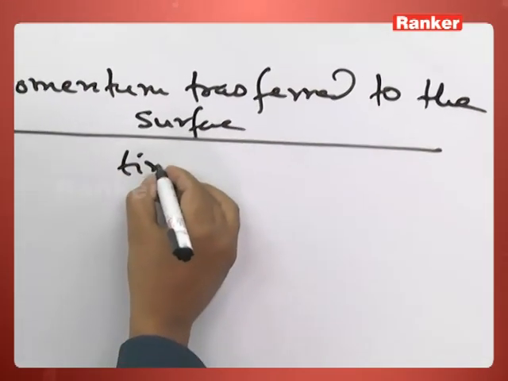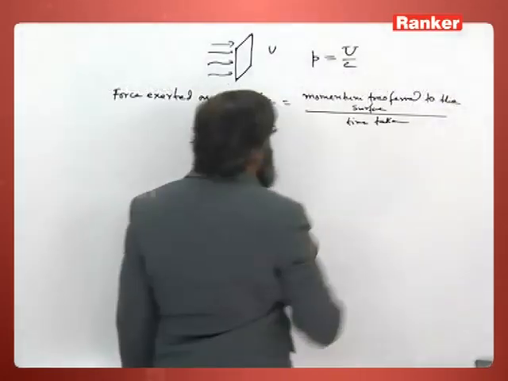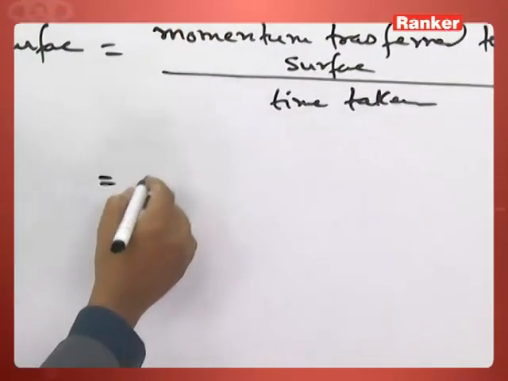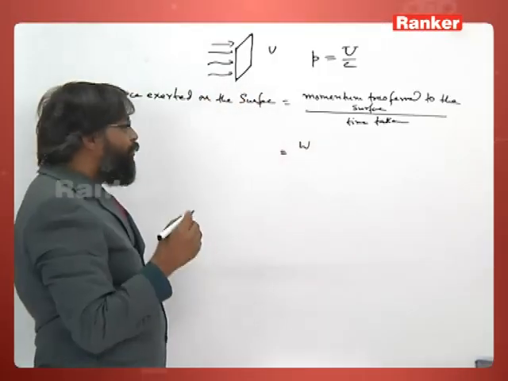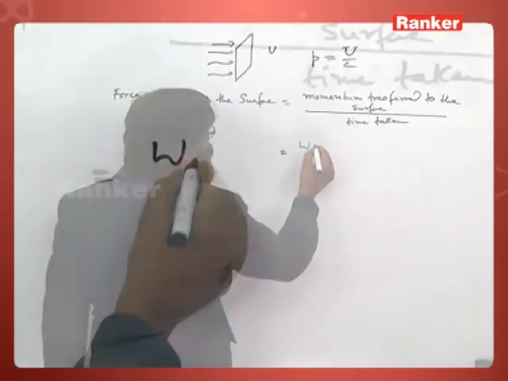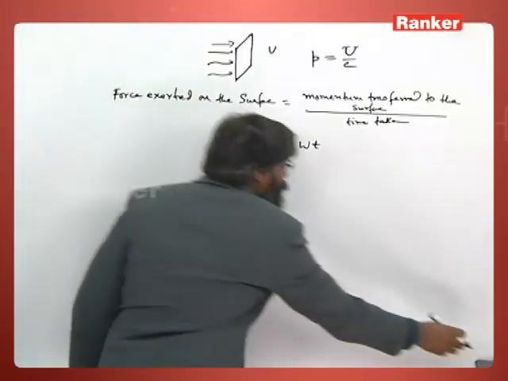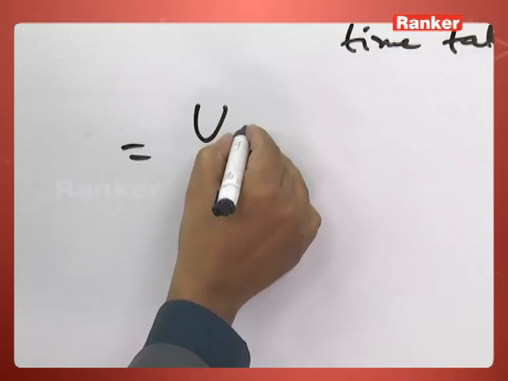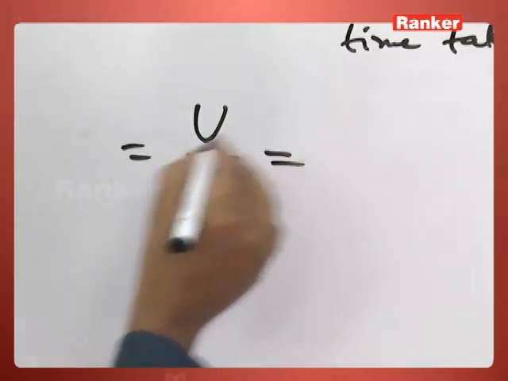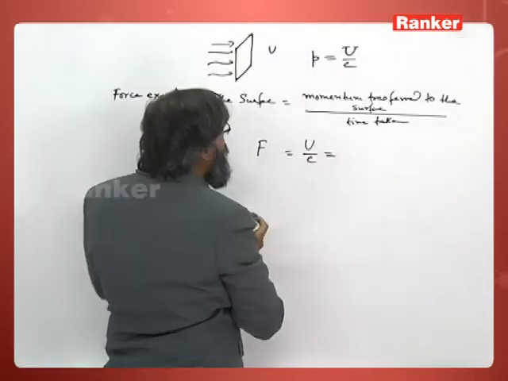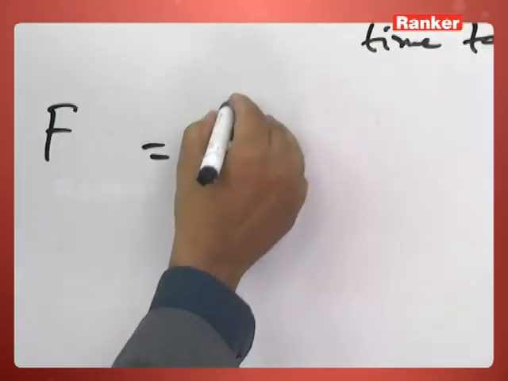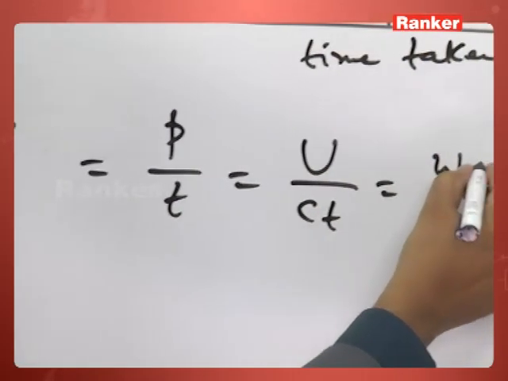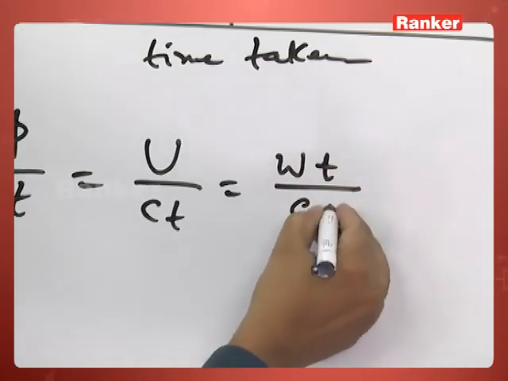by time taken. Now, u is the total energy absorbed; suppose w is the energy transferred in unit time, then u will be equal to w into t. So, force will be equal to momentum transferred per unit time, that is u by c into time, that will be w into t by c into t.